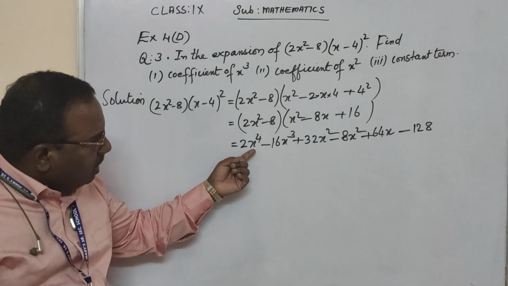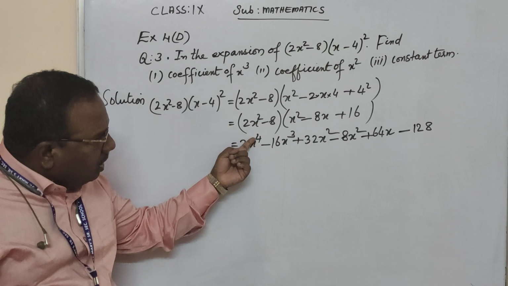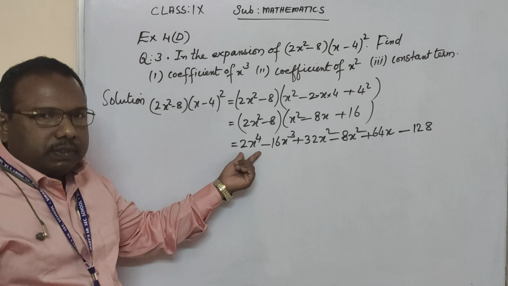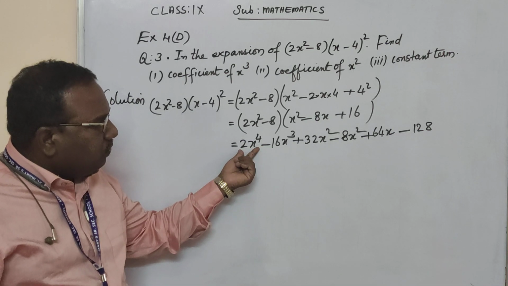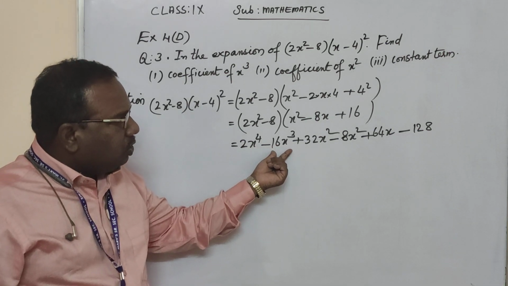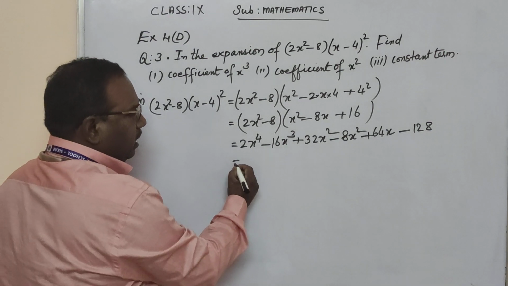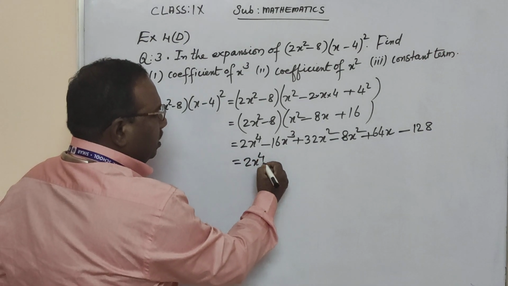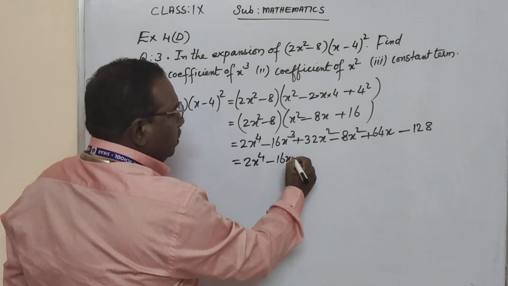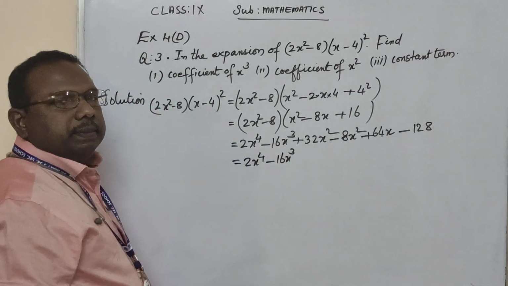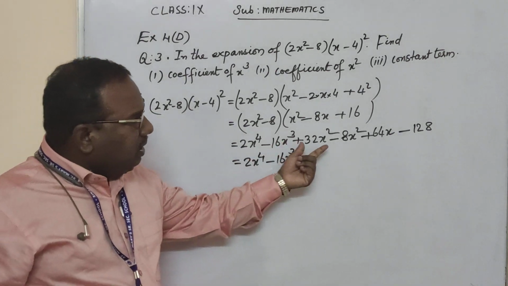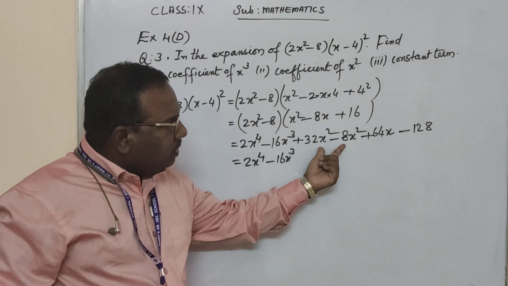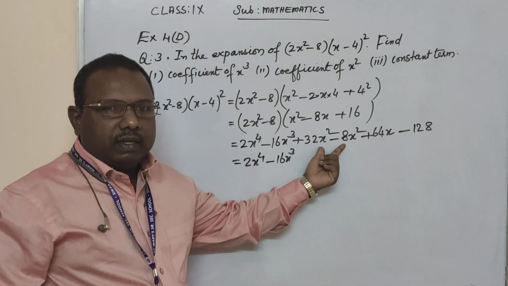Again, we can see here there is only one x⁴ term, 2x⁴, and −16x³. So we write again 2x⁴ − 16x³. There is only one x³ term there. There is only one x⁴ term. But you can see here these two terms are similar terms. Why?